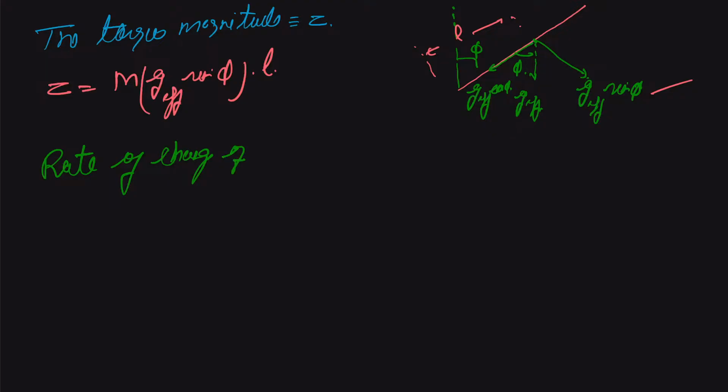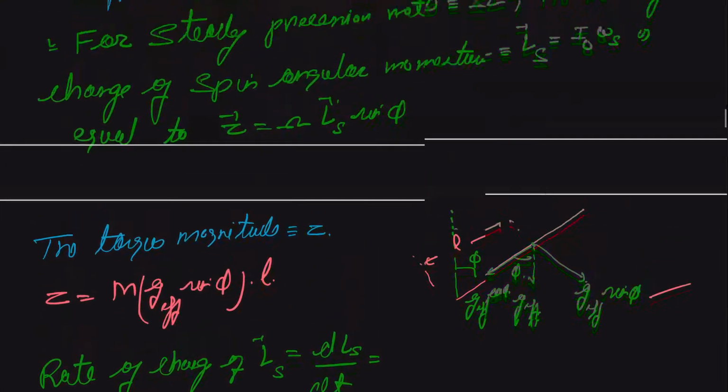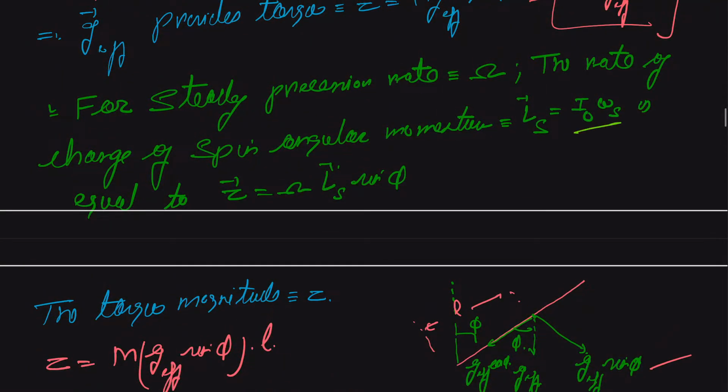The rate of change of spin angular momentum, that is Ls, can be written as dLs upon dt, and that will be equal to, because Ls we just found out is I naught times omega, the rate of change of Ls.